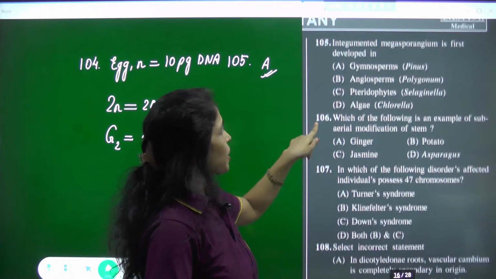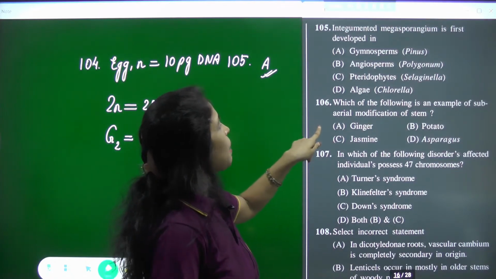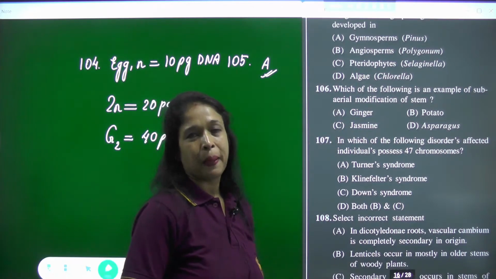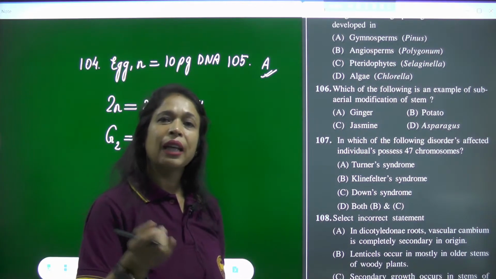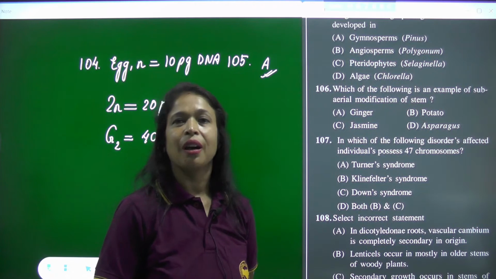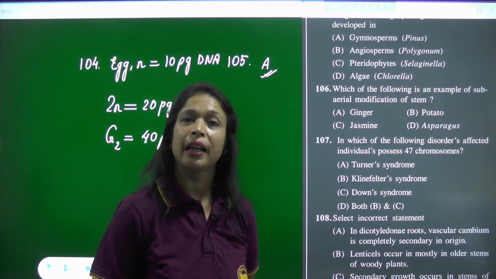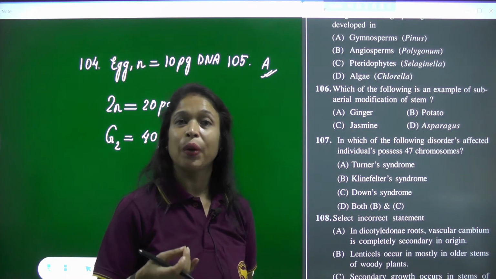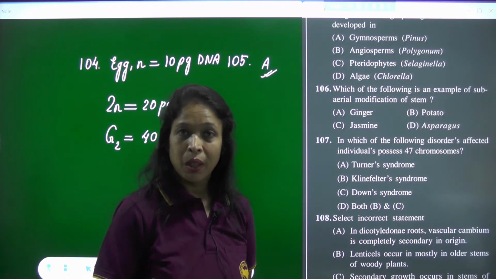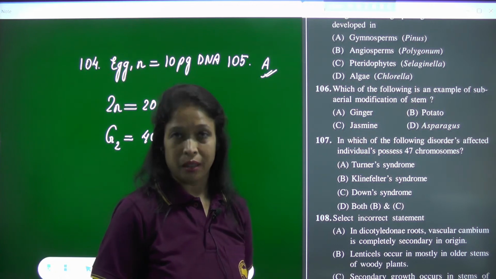Then 106: which of the following is an example of subaerial modification of stem? Stem can show three types of modification. Underground stem modifications are rhizome, bulb, corm and tuber.